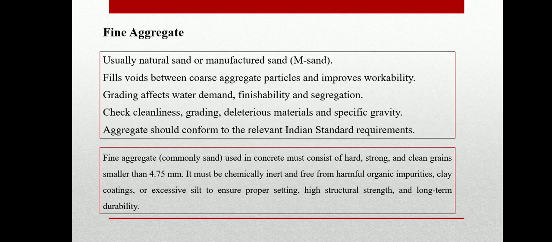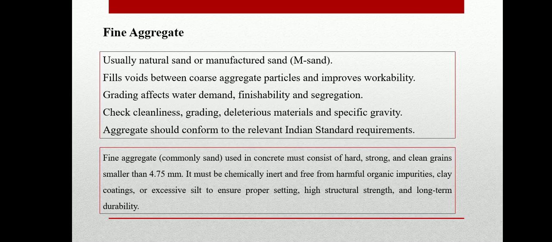The grading of the sand, meaning the distribution of particle sizes, has a direct effect on water demand, on how easily the concrete can be finished, and on the risk of segregation, where the coarser and finer particles start separating out. Practically speaking, when we are checking a sample of fine aggregate, we can look at its cleanliness, its grading curve, the presence of any deleterious or harmful materials, and its specific gravity.